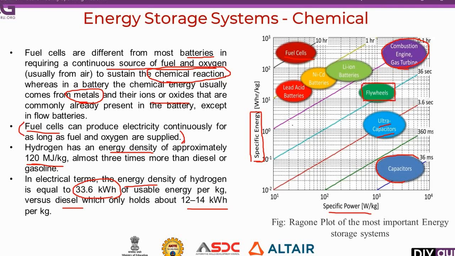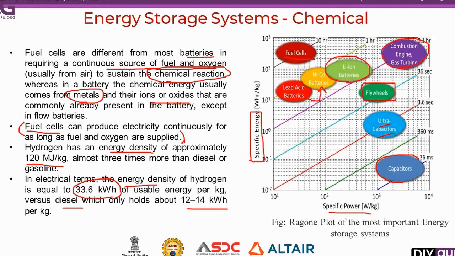If you see, lead acid batteries are commonly used since their specific power is slightly less, but they can produce specific energy. Then we move on to nickel cadmium batteries because of the improvement in technology. When compared to lead acid as well as nickel cadmium, we have lithium ion batteries.